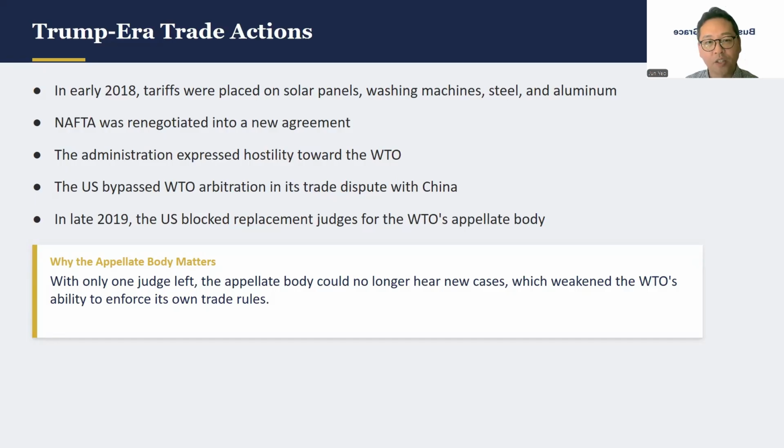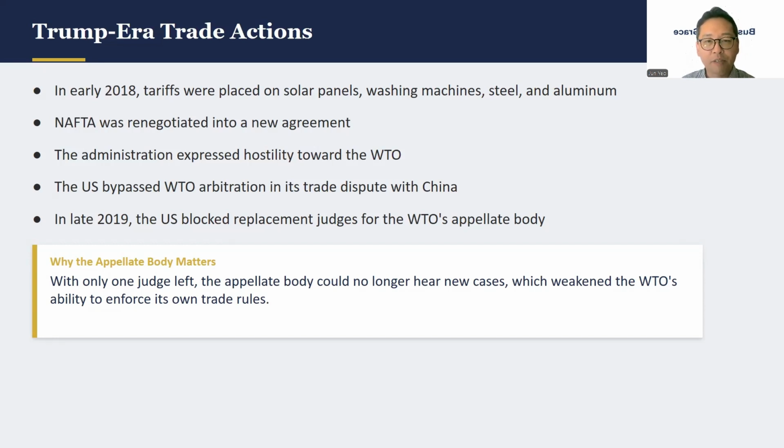The administration also expressed open hostility toward the WTO itself, most notably in the trade dispute between the United States and China. The Trump administration sidestepped the WTO's own rule-based arbitration process.